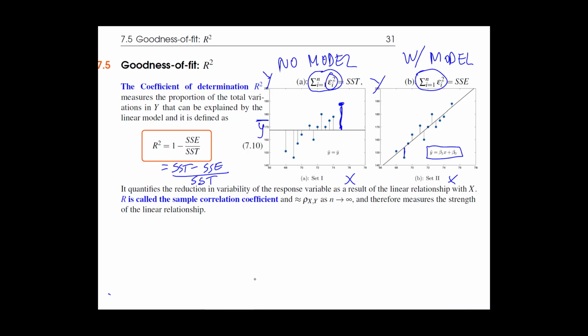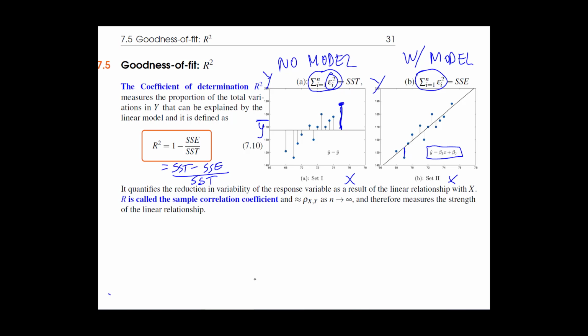So that's the interpretation of R squared. Obviously you would like it to be as close to 1 as possible. That means you reduced all the variance, that all the points are aligned on the regression line.